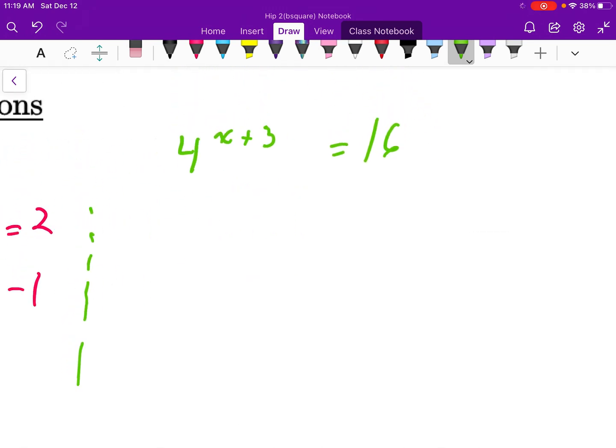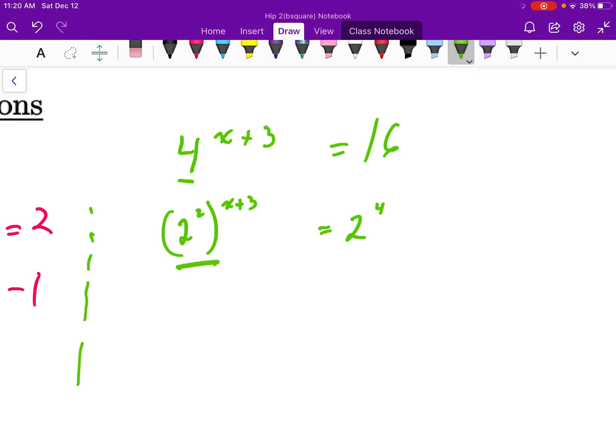I can switch this to base 2 by simply replacing 4 with 2 to the power of 2, and I'm going to keep my exponents. Now 16 expressed in base 2: 2 times 2 is 4, times 2 is 8, times 2 is 16. So that is 2 to the power of 4.